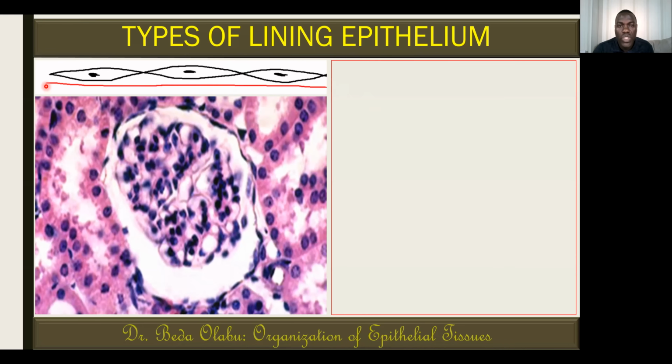So according to the number of cell layers, we'll call this epithelium simple. And according to the shape of the cells on top, we will call this one squamous. So the name of this epithelium is simple squamous epithelium. It simply means that we have one layer of flat cells.